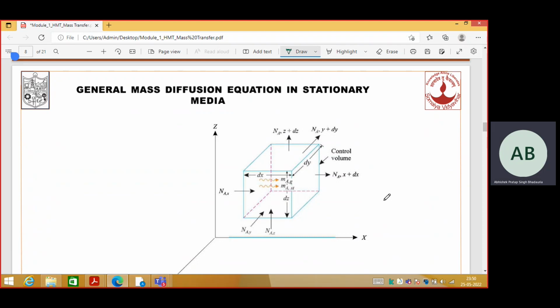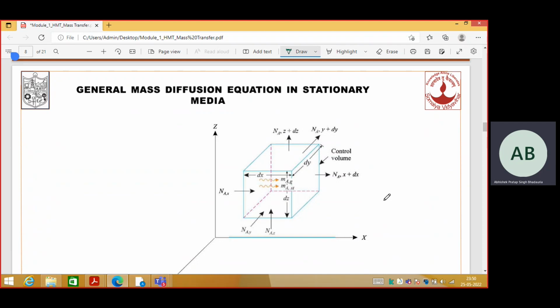In the first module, during conduction, we discussed heat transfer through the plane wall, the cylinder, and the sphere, and heat transfer through the composite wall, composite cylinder, and composite sphere.